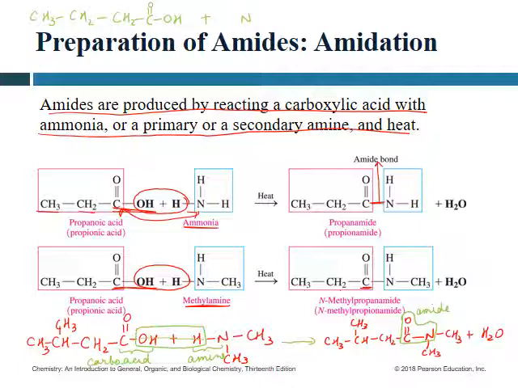This has CH3, CH3, CH3. Now there is no hydrogen present on this nitrogen, which means this amine cannot react with carboxylic acid. Does it mean there's no reaction? There's no reaction. As long as this amine has one hydrogen, it can react with carboxylic acid.